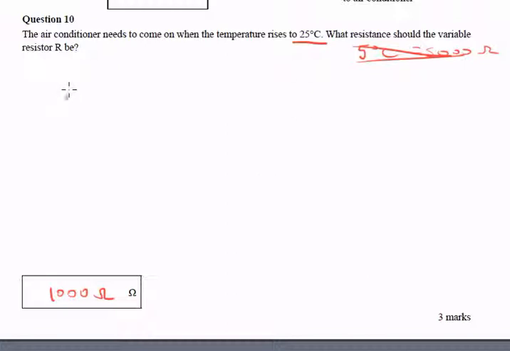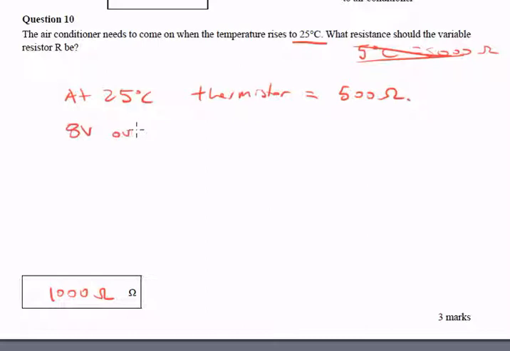I'm going to say at 25 degrees, the thermistor equals 500 ohms. 8 volts over variable, therefore 4 volts over the resistor of the thermistor.